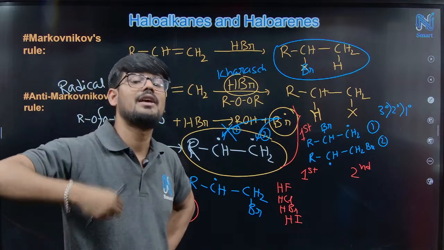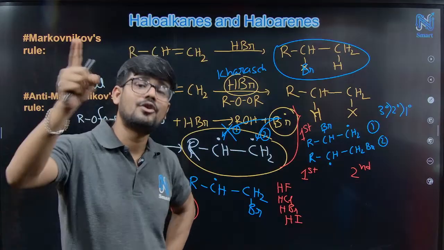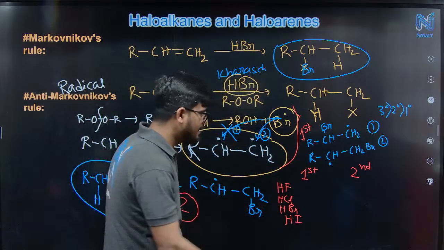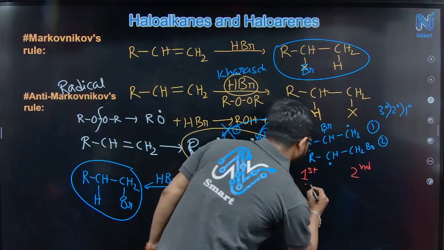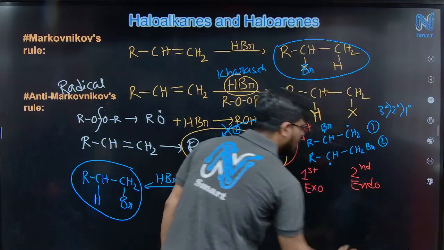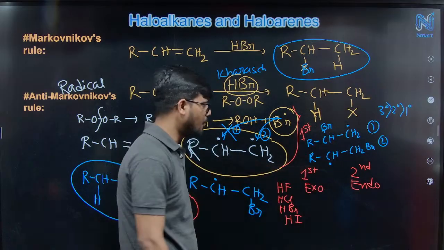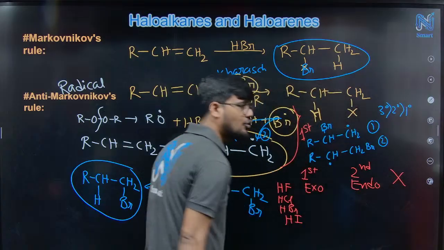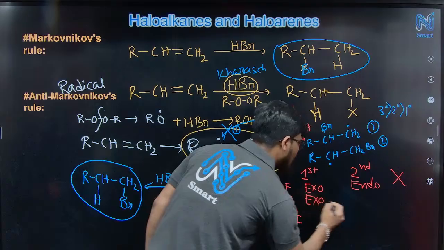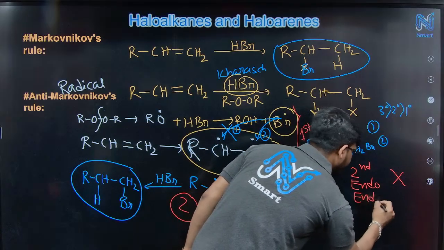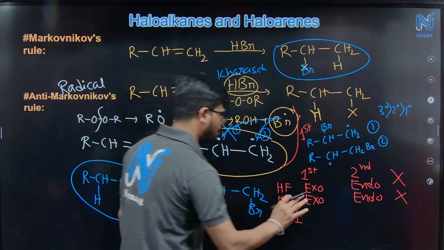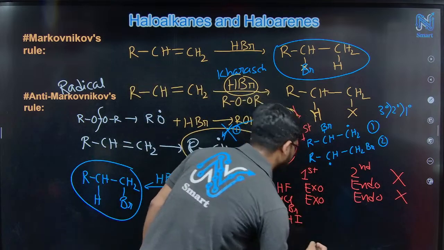That reaction will keep going on. If it is endothermic, no. So just check for HF, the first step is exo, the second step is endo. So an endo process is involved, that's why it will not show. For HCl, the same story, exo, endo. That's why this also does not show the Kharasch effect. These two are not showing the Kharasch effect.